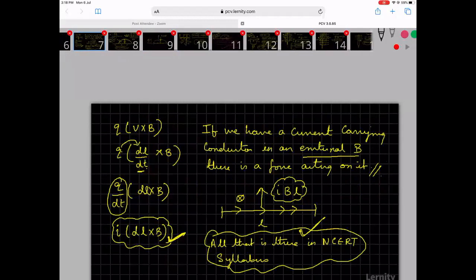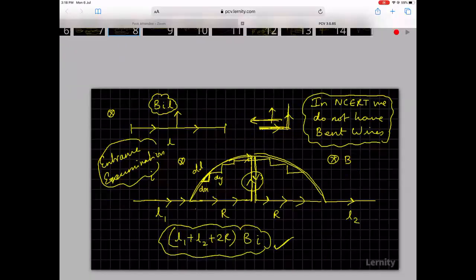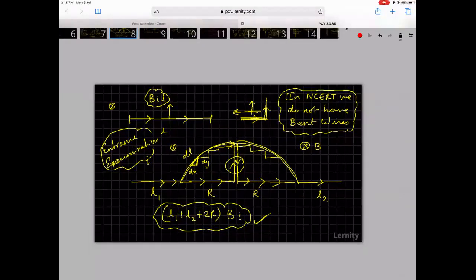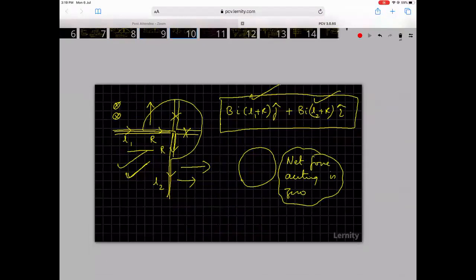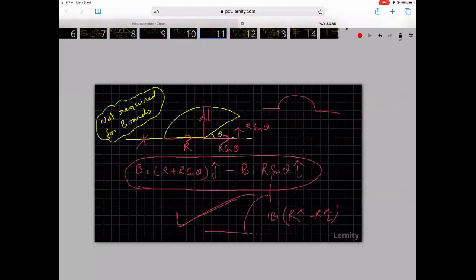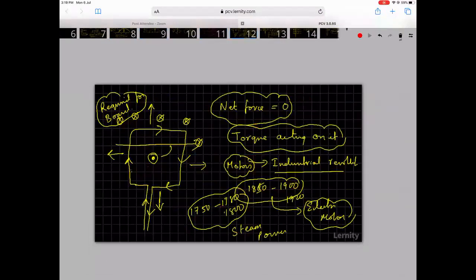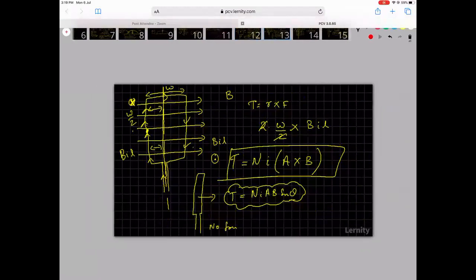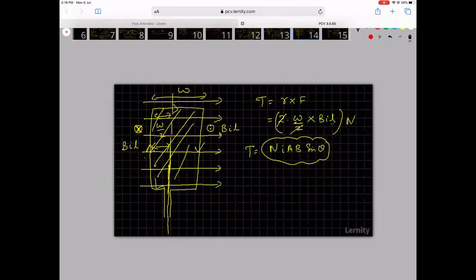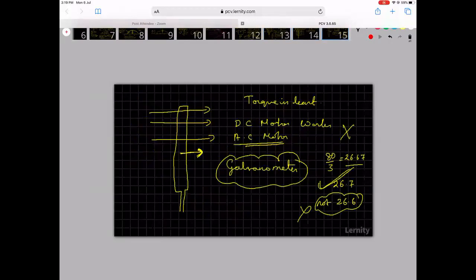Seven. Eight. Nine. 10. 11. 12. 13, 14, 15.